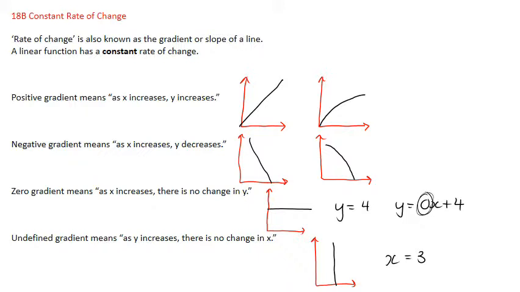I'll just add one thing. How do we find the gradient of a line? A straight line? Right over right. Gradient equals rise over run, or y2 minus y1 over x2 minus x1. As long as you've got 2 points on the line, you can find the gradient.